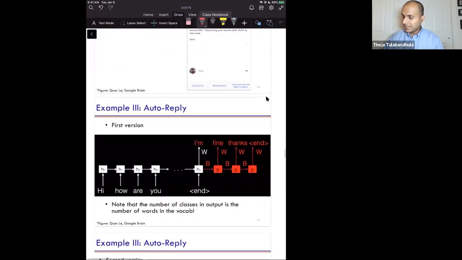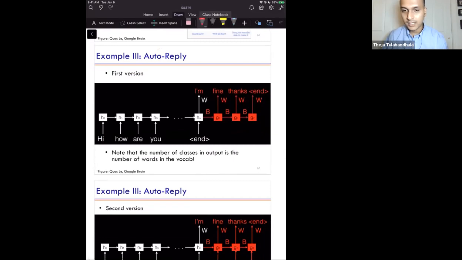So let's see how the model itself will look like. So here's the first version where you would have an RNN. The white blocks here are the RNN individual computation. So you're sending hi, how are you, and then each of these is a hidden output.